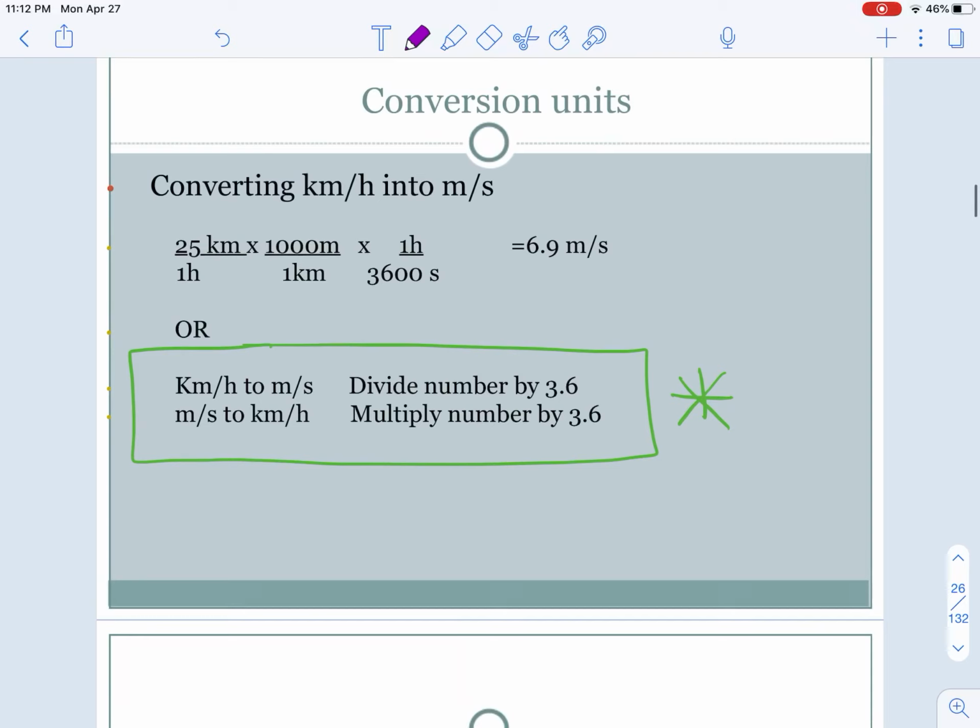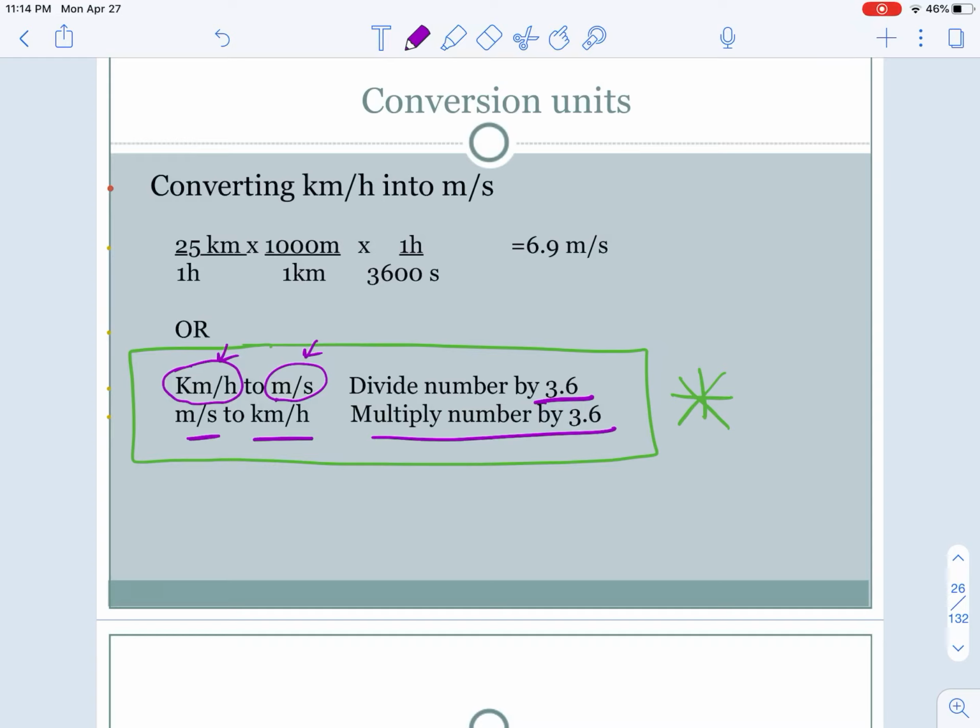Before we try some, one of the conversions that is useful is that if you're finding something in kilometers per hour, but they would like to know it in meters per second, you simply divide by 3.6, and that would give you the answer in meters per second.